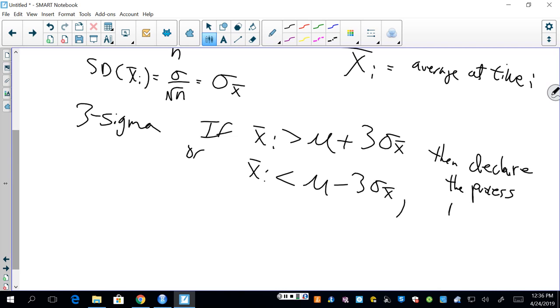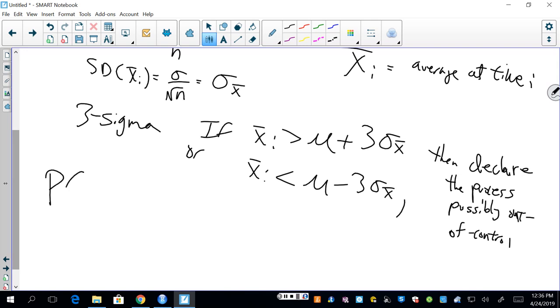Process possibly out of control. Three standard errors is pretty far out.